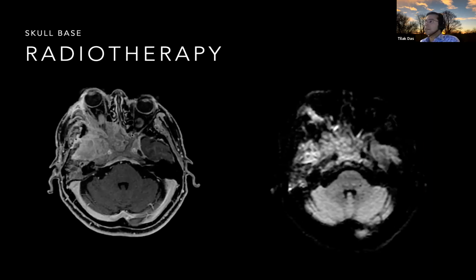And I find certain sequences, beyond the post-contrast T1, heavily fat suppressed sequences, whether it's a 3D FLAIR or T2 weighted FLAIR, or even diffusion weighted imaging, regardless of the actual diffusivity, I find these really useful in understanding the extent of the tumor.